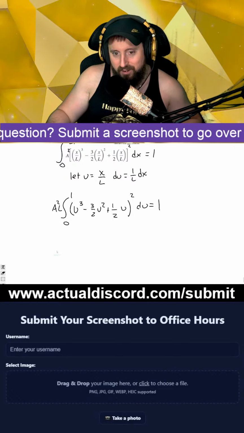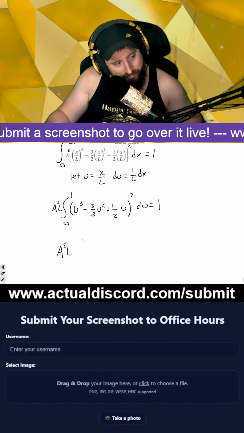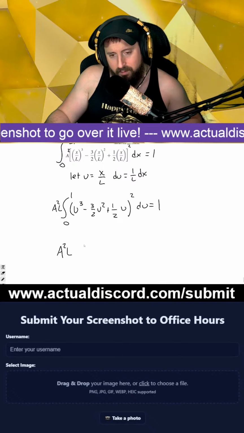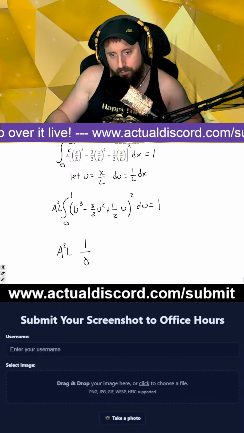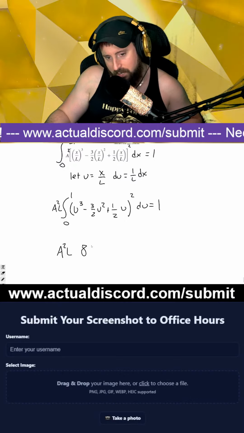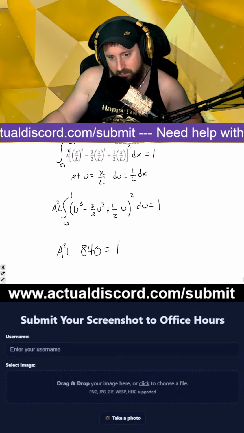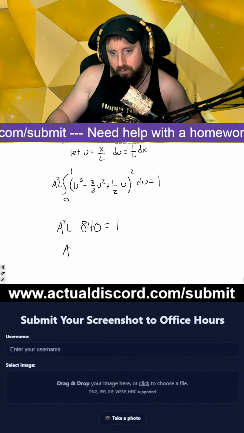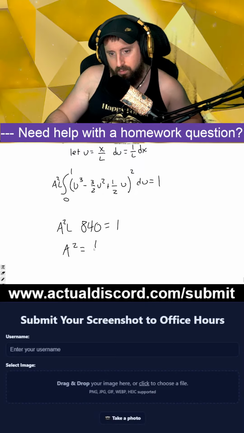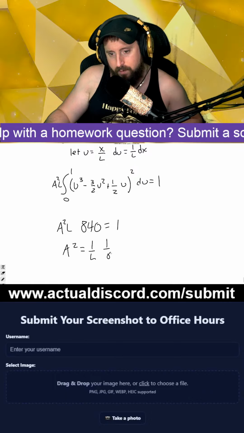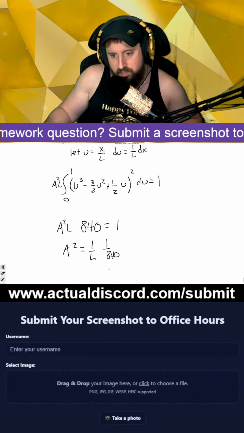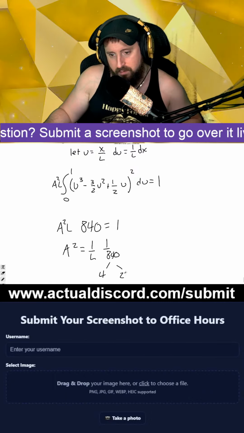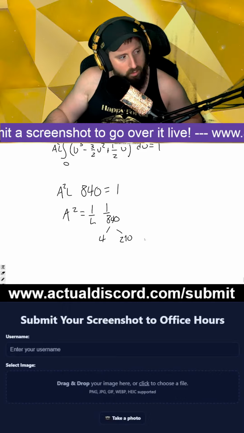Work smarter, not harder. Okay, so A squared L times 840 is equal to 1. Okay, so A squared is equal to 1 over 840, which, yeah, sure, this is 4 and 2, 10. So you can pull out a 2.